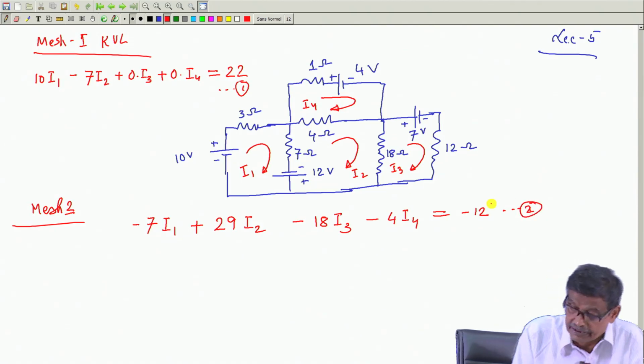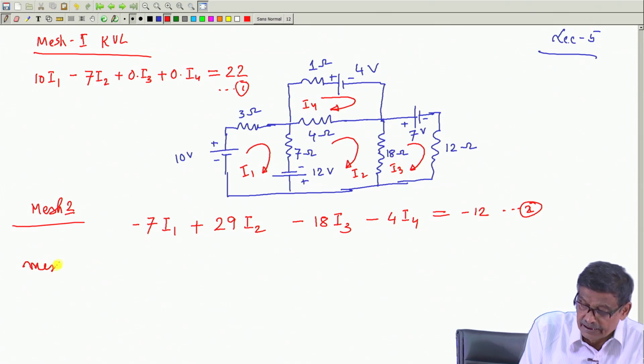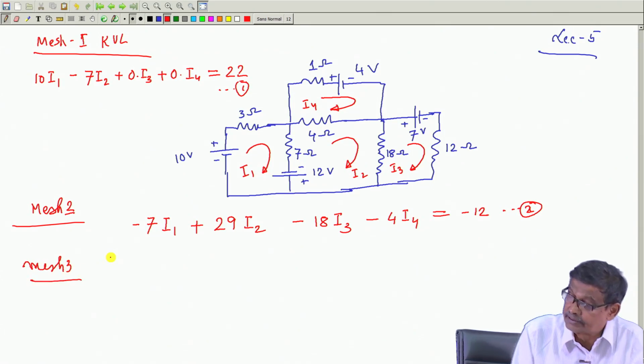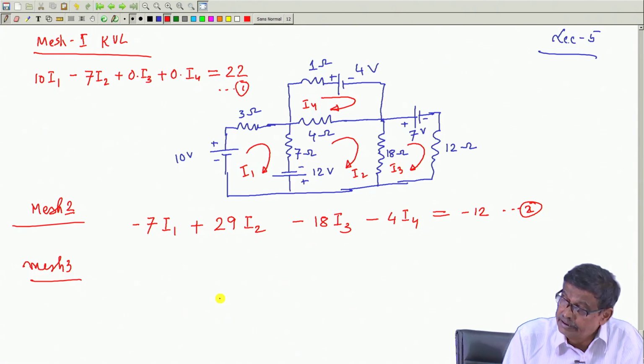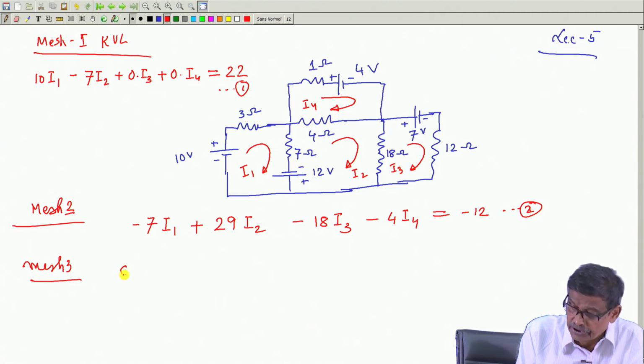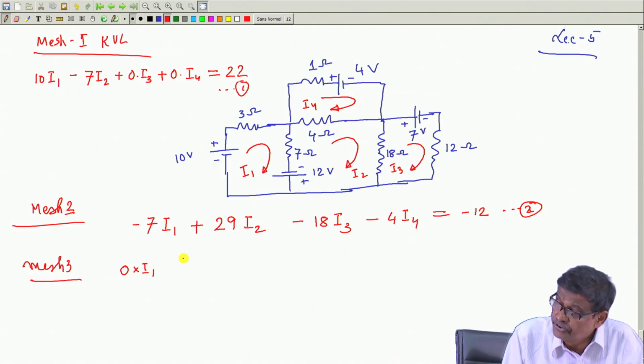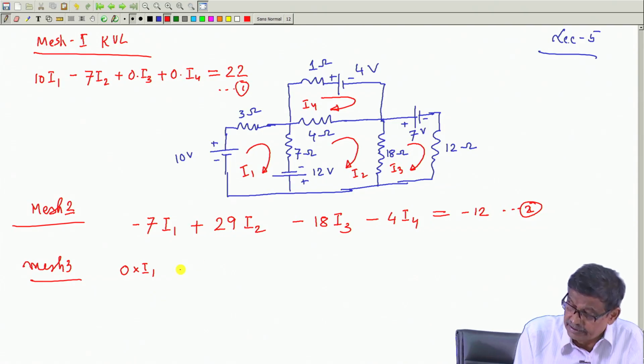Similarly, I am writing KVL in the various meshes. In mesh 3, will there be a coefficient of I 1? No, there is no common resistance between these two meshes. So, 0 into I 1. Coefficient of I 2 in mesh 3, yes, minus 18 I 2.